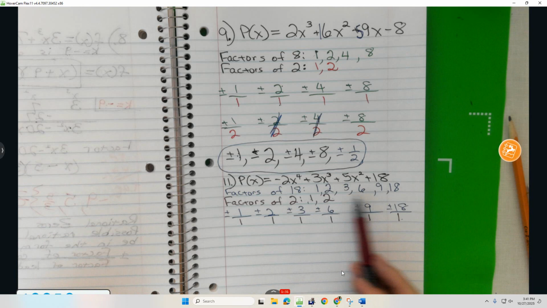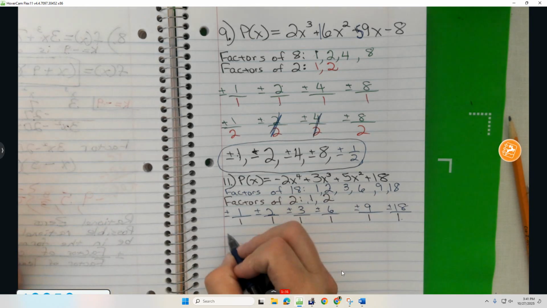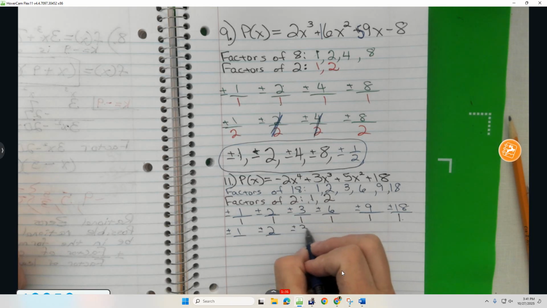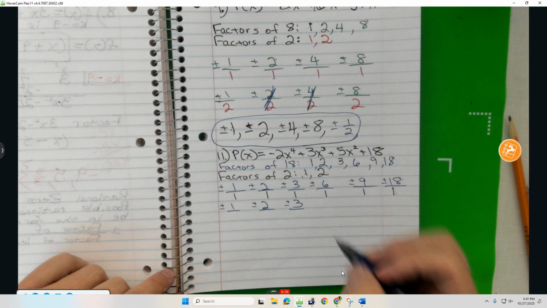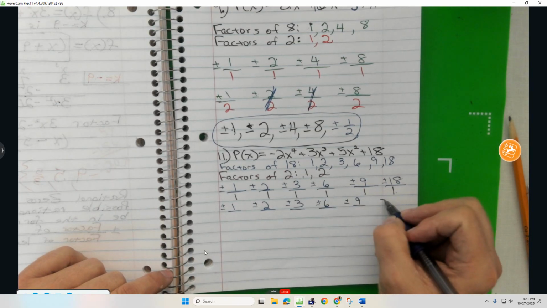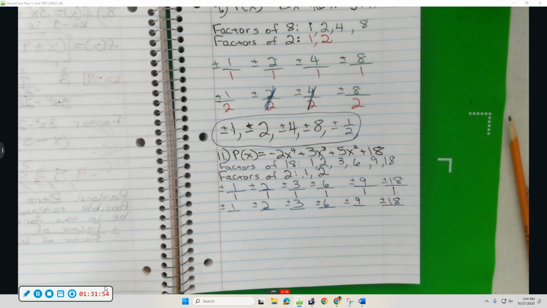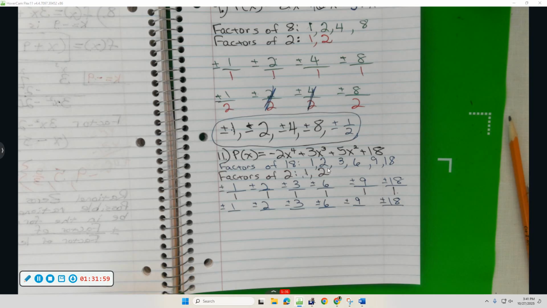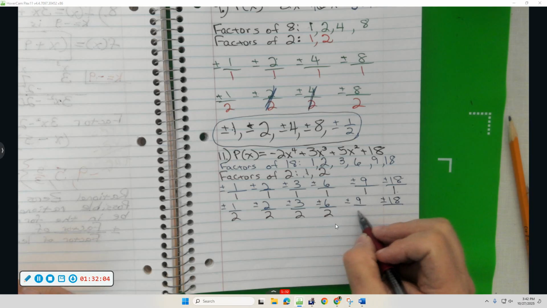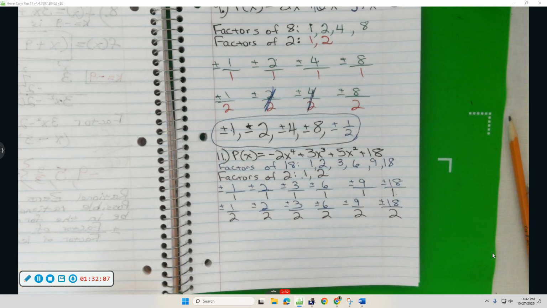Then we take all of those blue numbers and put them over 2. And now there'll be some repetition here, so we'll be able to clean this up and get a nicer list.